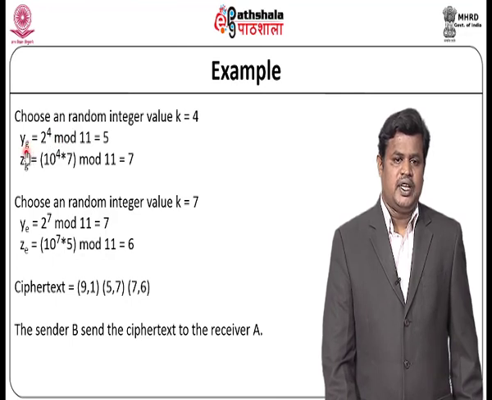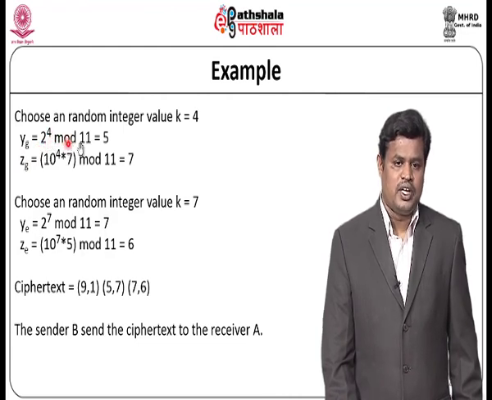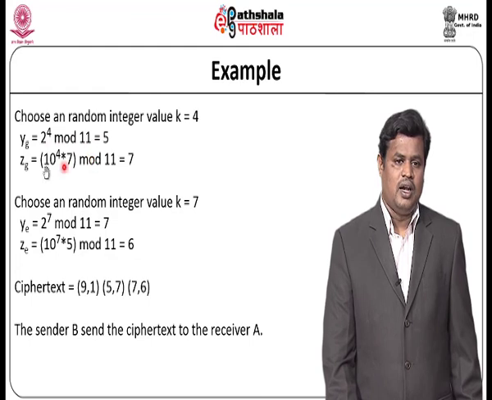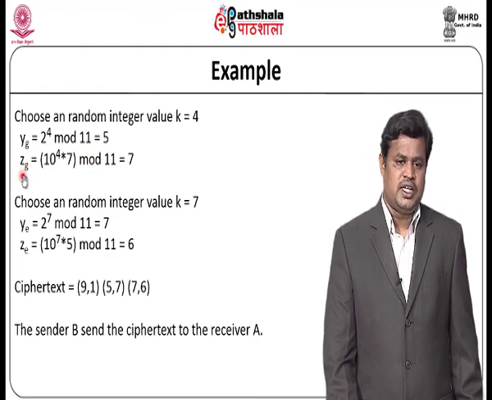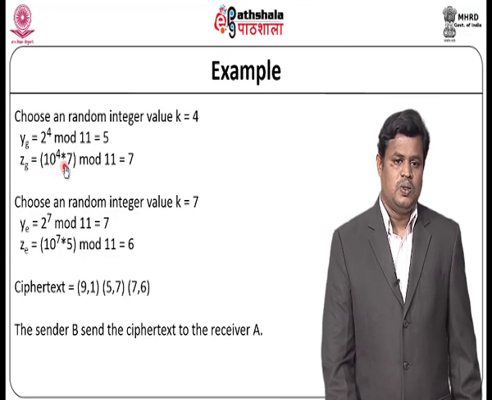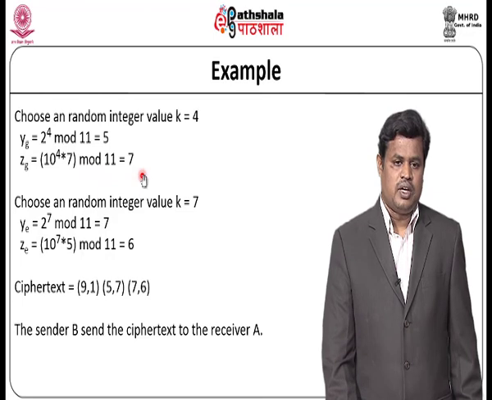Now we generate the next C1 and C2, where the generator 2 power 4 mod 11 is equal to 5, and C2, that is your Z, is equal to 10 to power 4 into the plain text G, 7, mod 11, which is equal to 7. Similarly it is done for the third letter, E, in HAGE.